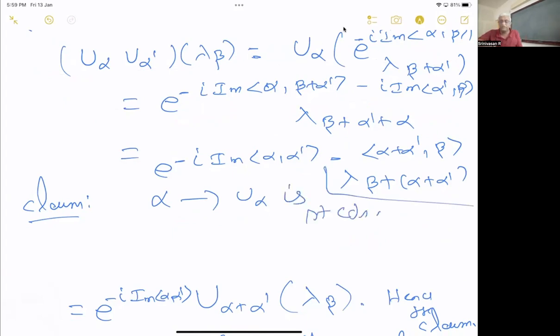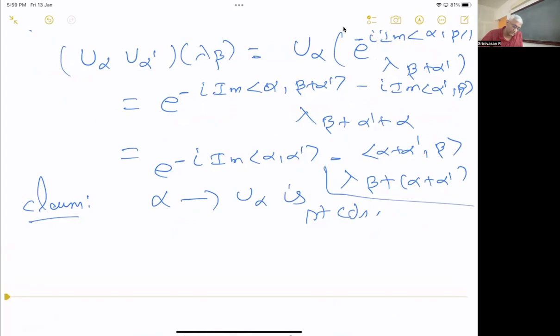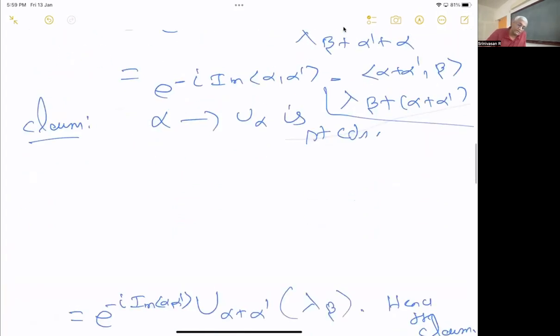So first thing we should notice is what is given: F is continuous. The function F is just a continuous function. Now we have to verify that if alpha n goes to alpha, then U alpha n goes to U alpha.